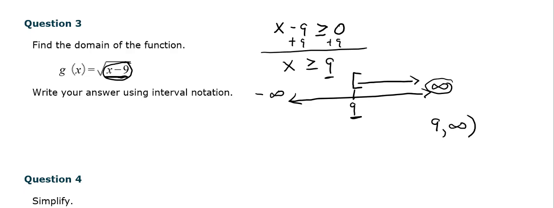So infinity, remember, gets the parenthesis. And 9, since it's included, gets the bracket. So in interval notation, we have bracket 9 comma infinity and then parentheses. So again, to find the domain, we set our radicand greater than or equal to 0 and solve.